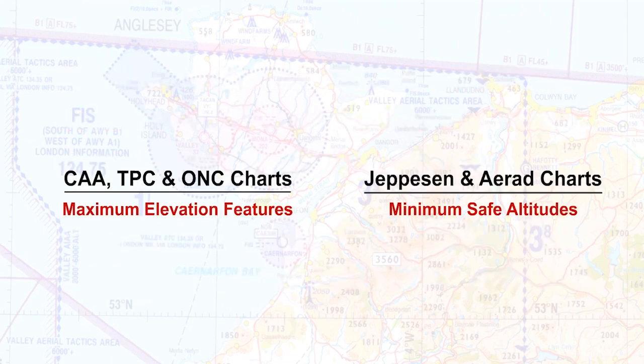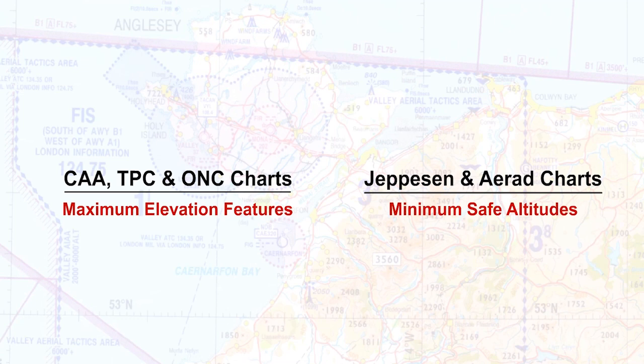So let's summarize, because this point is important. UK CAA charts and American TPC and ONC charts show MEFs. These are the highest feature in each rectangle, and there is no 1,000 or 2,000 feet safety margin for altimeter errors and downdrafts.